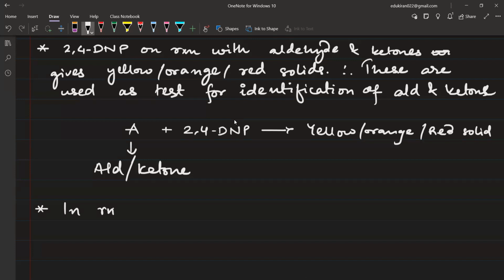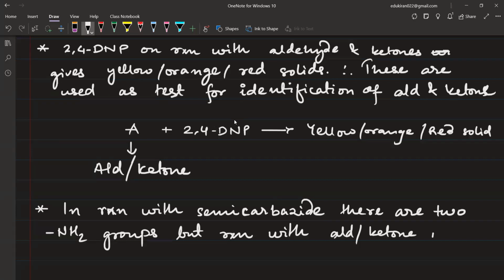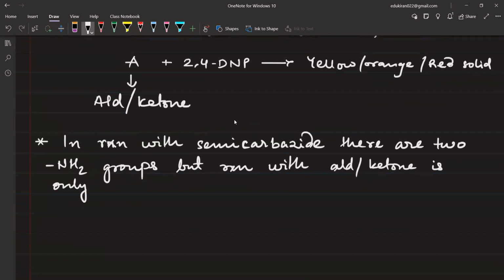Now please write the next point. In reaction with semicarbazide, there are two NH2 groups, but reaction with aldehyde or ketone is only possible from one of them.